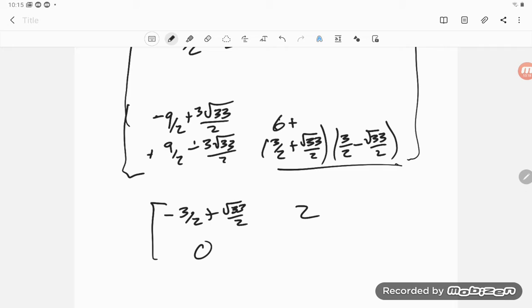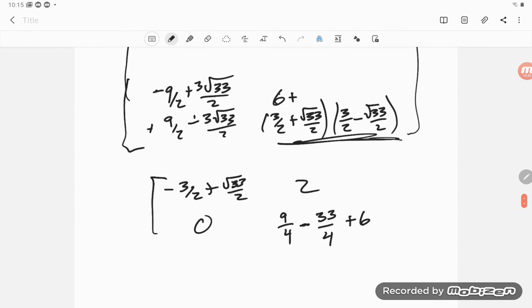When I multiply that out, it's looking good because I get a difference of squares, so I get 9/4 minus 33 over 4. So that's what I got from that thing, and then I have my plus 6.